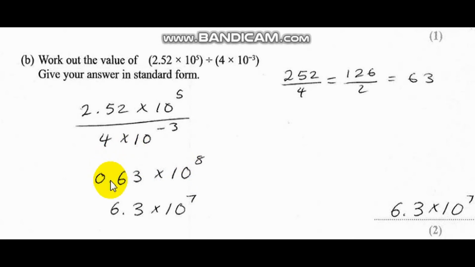If you jump 2 digits, the power is reduced by 2. If you jump 3 digits, you have to reduce 3 powers. Here I am jumping only 1 digit, so I have to reduce 1 power. So that's why 10 to the power 7 came. So my final answer is 6.3 times 10 to the power 7.